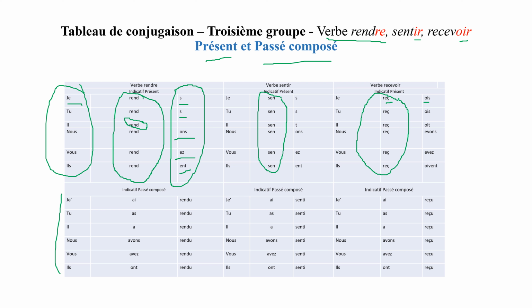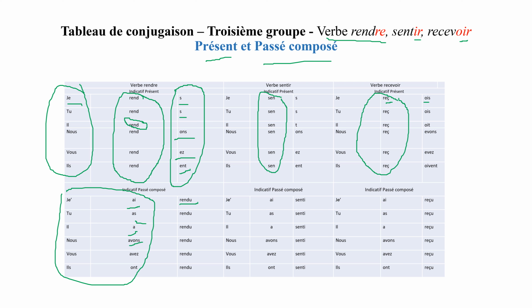And for le passé composé, it is the same thing. Here is your auxiliaire, and then you have your participe passé. Participe passé of the verb rendre is rendu, so you would have j'ai rendu, tu as rendu.